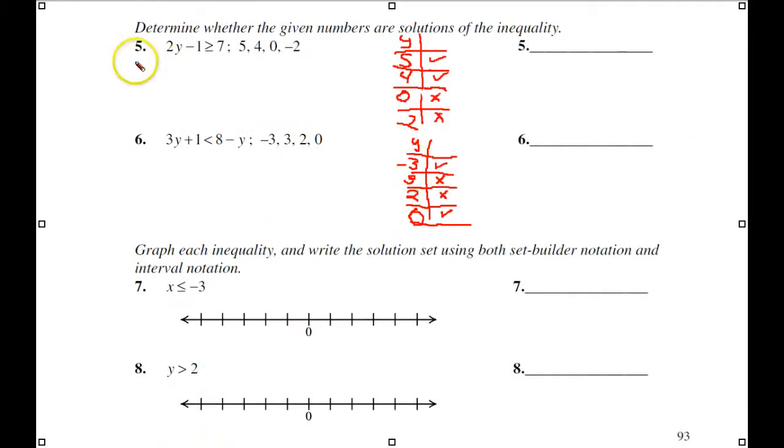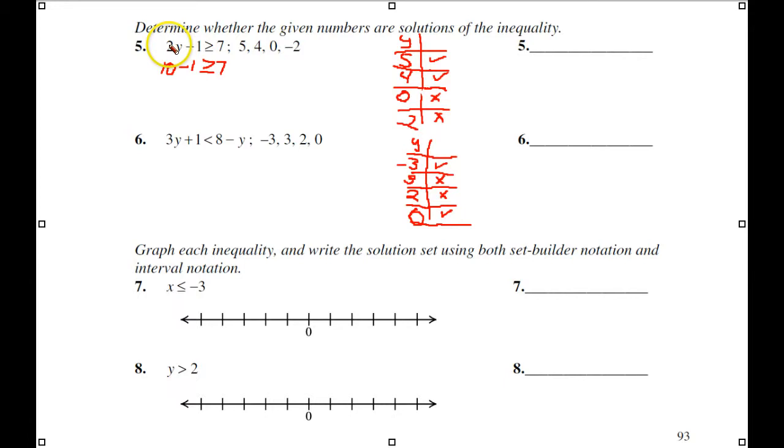Now in number 5 and 6, they're asking to determine if we substitute these for our value y, is this going to be a true or false statement? Will it be a solution? Well, we just put the 5 there. So 2 times 5 is 10. 10 minus 1 is 9. Is that greater or equal to 7? And the answer is yes.